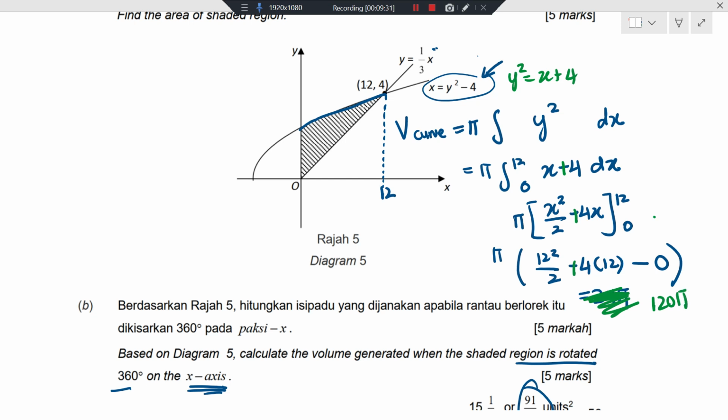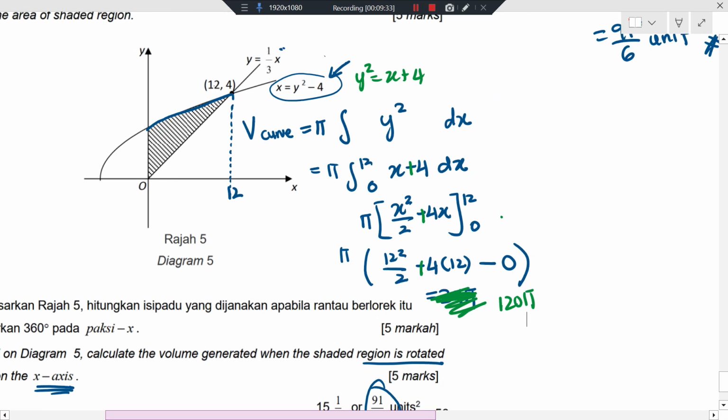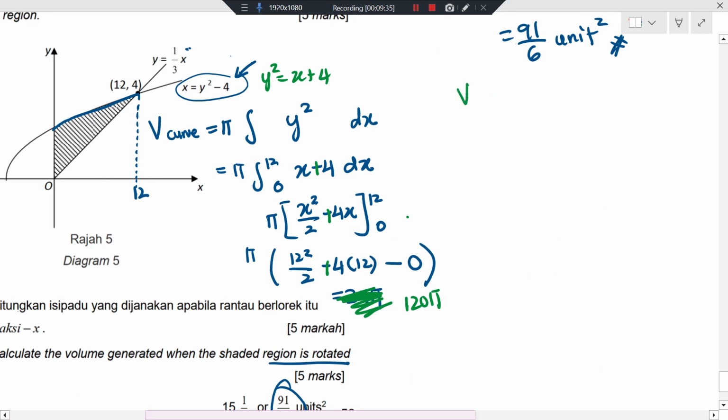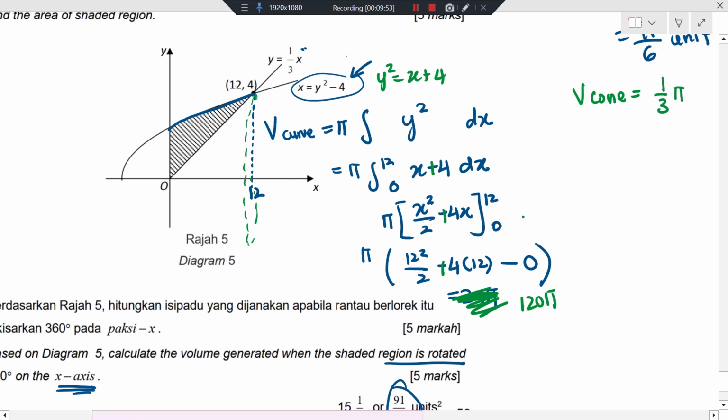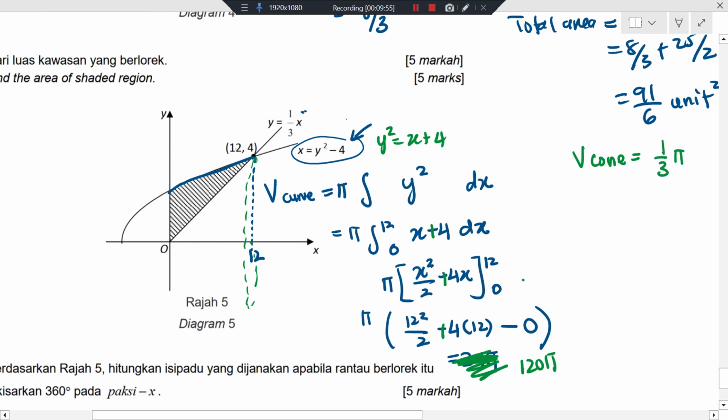And then you cut out the cone part. Volume of cone is equals to 1 over 3. Remember, cone is 1 over 3 pi. And then the radius. You rotate like this. This should be your radius lah. Your radius is, okay, this part.